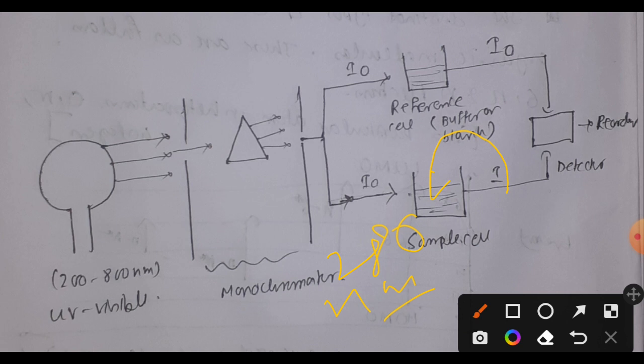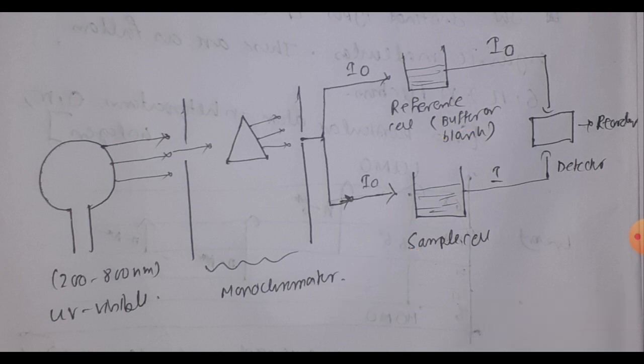In that way it can also give you the concentration. Not only that, molecular weight determination of a sample can also be done with the help of UV visible spectroscopy. That means any kind of sample that absorbs UV visible wavelength radiation can be detected and analyzed with the help of UV visible spectroscopy.